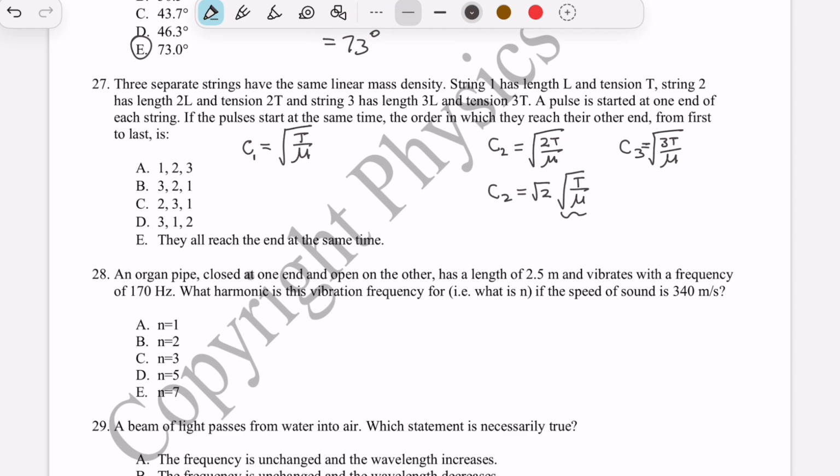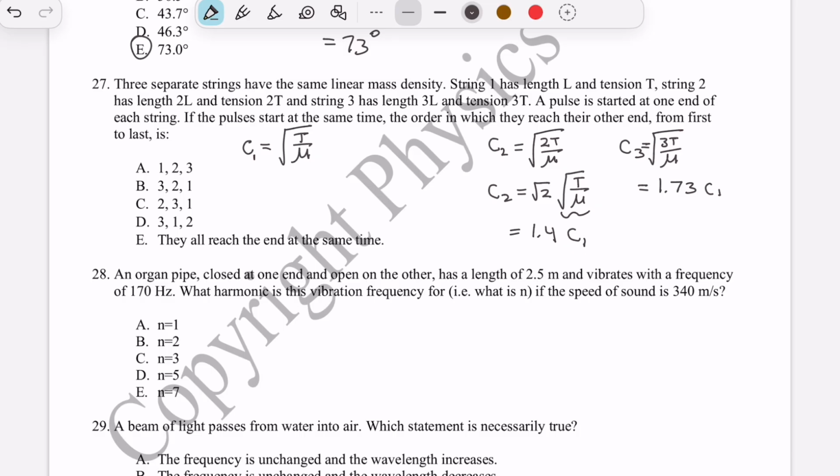And then this is C1. So I just have to calculate root 2, which is around 1.4, and root 3 is 1.73 of C1. So that means that string 2 is 1.4 times faster than the speed of C1, and C3 is 1.73 times faster than the speed of C1.